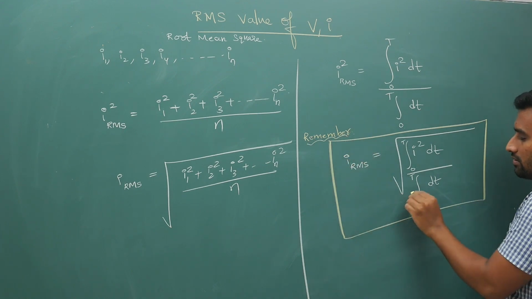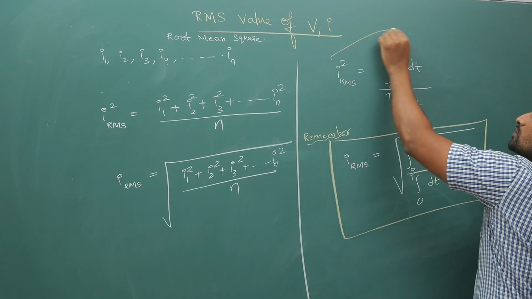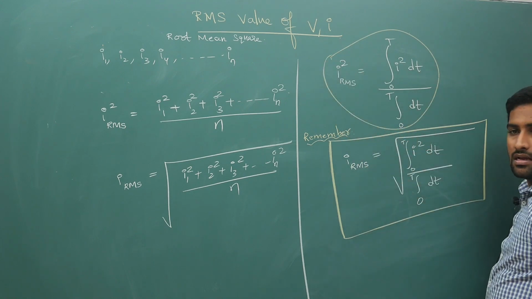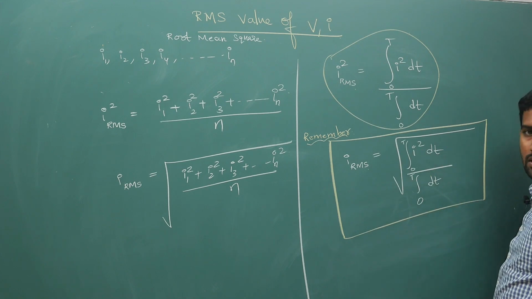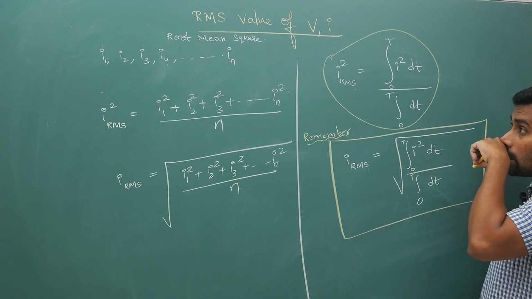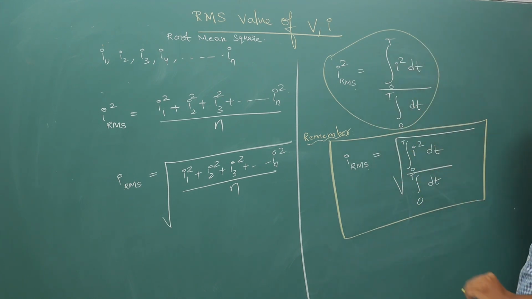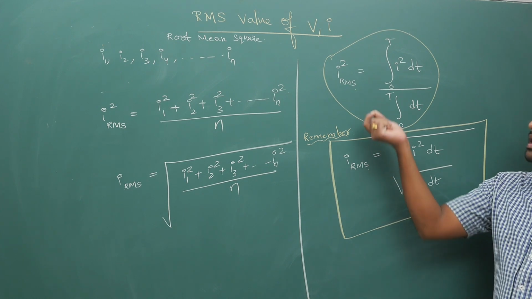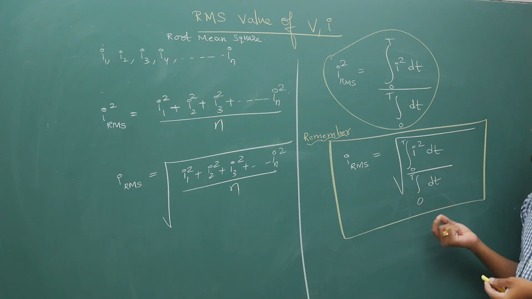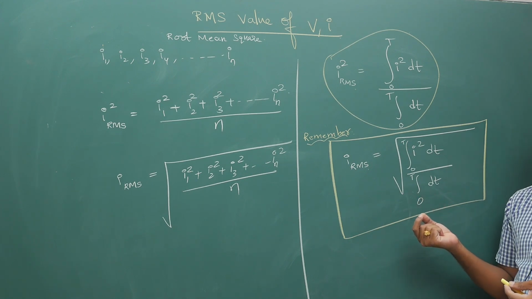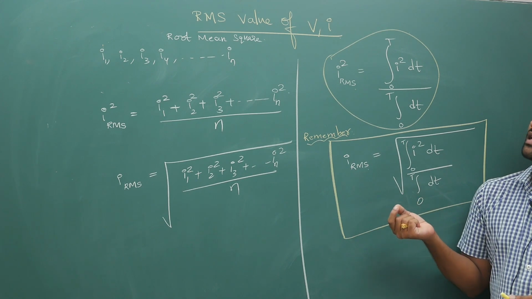People usually remember the definition of I RMS square and forget to take the square root. This is the common mistake many people make. So you have to keep the square root over this quantity. Only then will you be able to do the calculations.